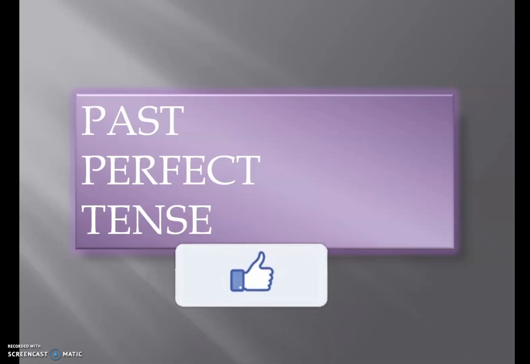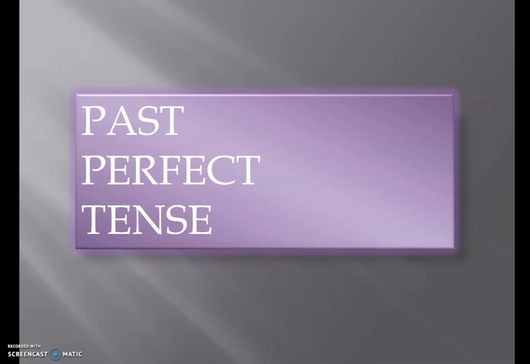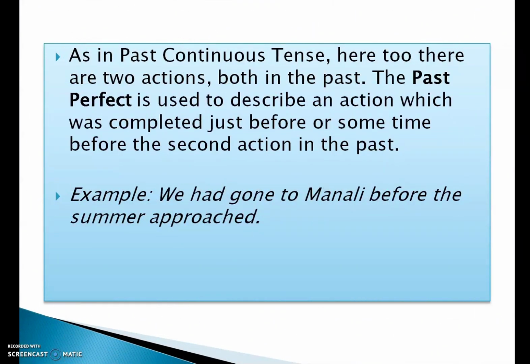Now moving on to the past perfect tense. So the action already happened in the past. Whatever actions happen in the past, we say it's simple past. Now what is past perfect tense? As in past continuous tense, here too there are two actions, both in the past.